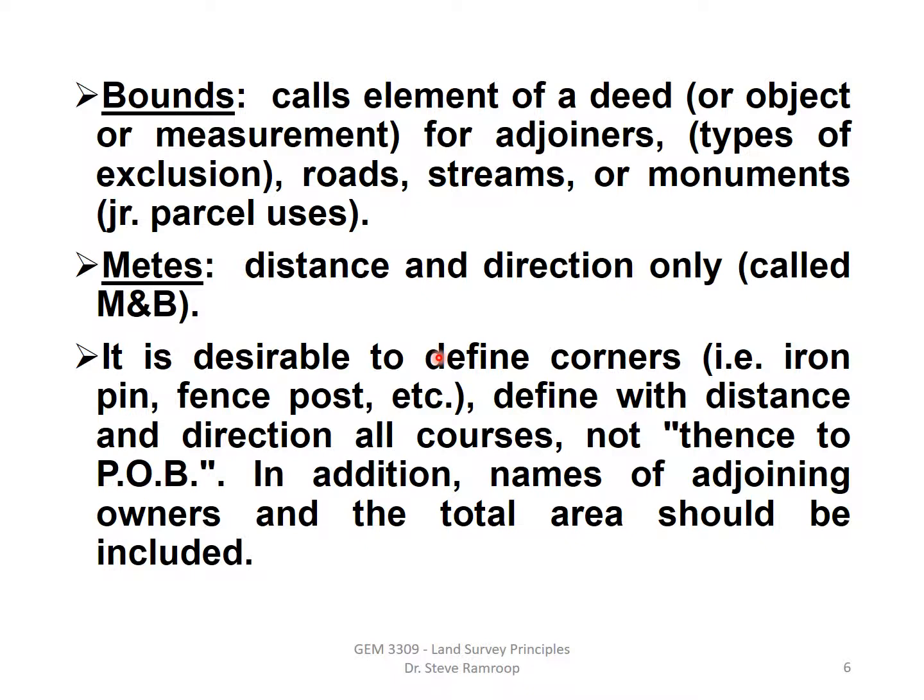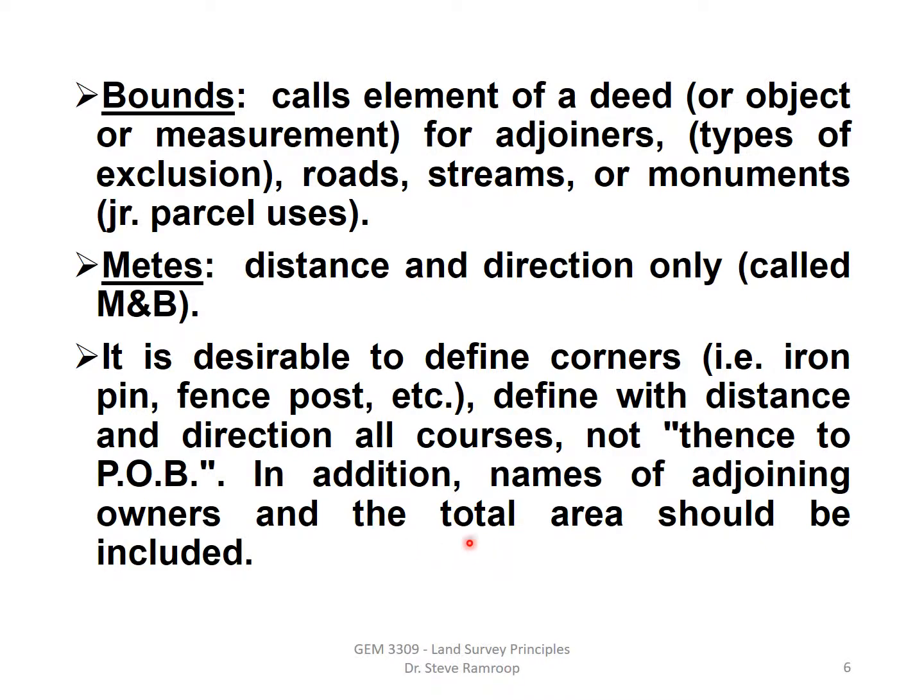It's called metes and bounds. Some of the old deeds would consist of a combination of metes and bounds. It is desirable to define corners, for example, your iron pin or your fence post, with distances and directions for all courses, not just thence to your point of beginning.